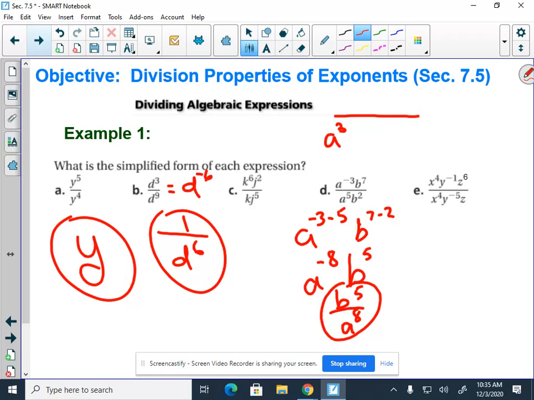So if I move the 3 down, then we would have b to the 5, because the 7 subtract the 2 leaves us 5. These 3 plus 5 is b to the 8th.